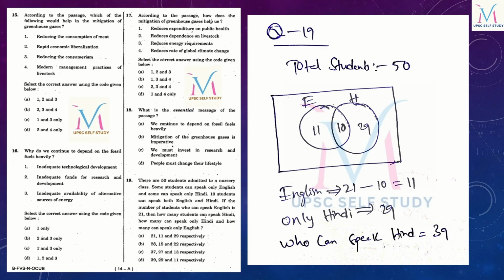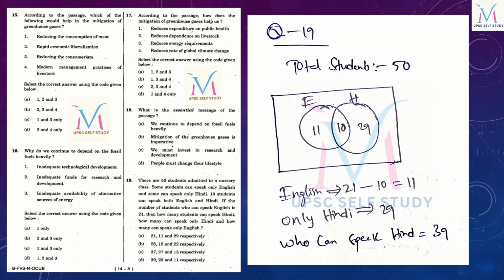So now coming to the 19th question. This 19th question is regarding ability. Okay, so there are 50 students admitted to a nursery class.